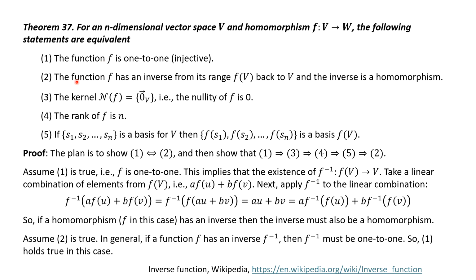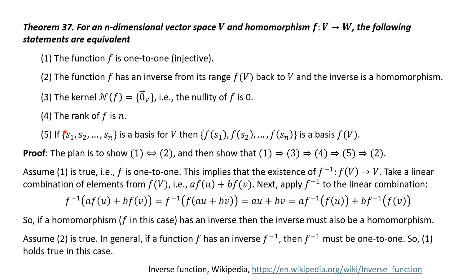So if this is true, then the function f has an inverse from its range, f of V, back to V, and the inverse is a homomorphism, and that in turn is equivalent to the kernel or null space equaling just the zero vector, and that is equivalent to the rank of F being n. We kind of know these two because of the previous theorem.